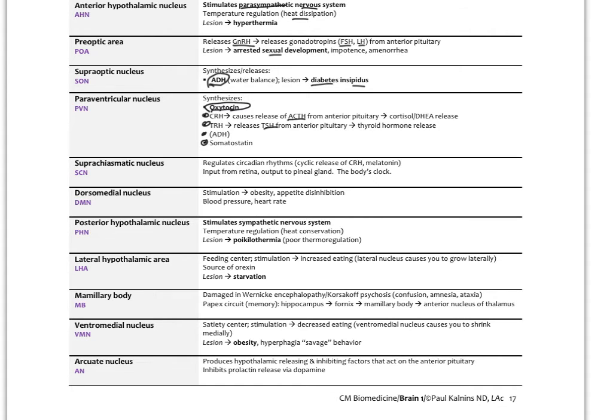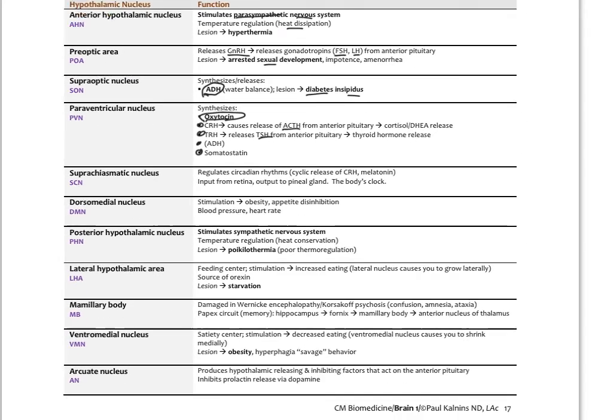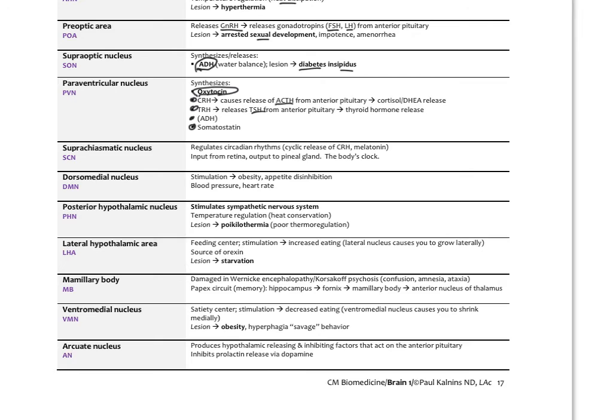And then the mammillary body, MB, if we look up at the picture here, is right back here. The mammillary body is often affected in chronic alcoholism. This causes what's called Wernicke encephalopathy or Korsakoff psychosis, so confusion, amnesia, ataxia, which is an uncoordinated gait.